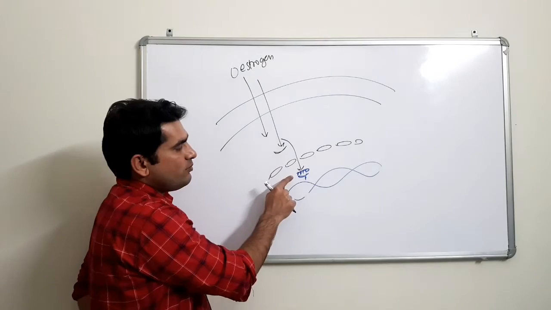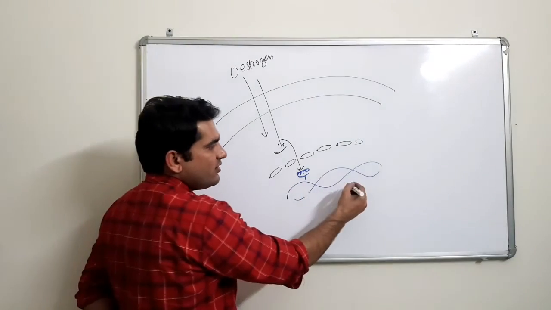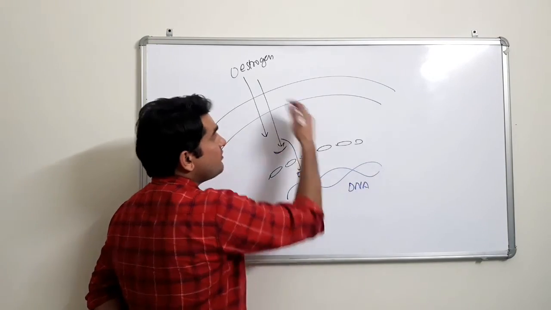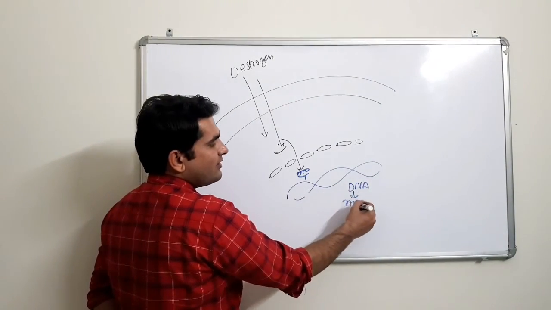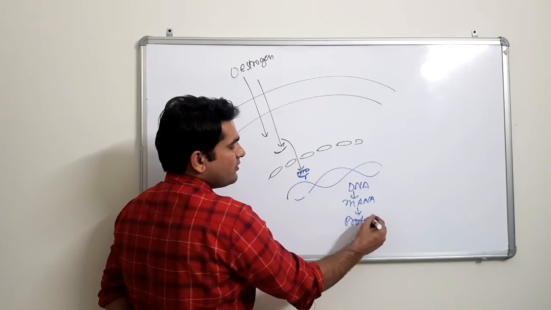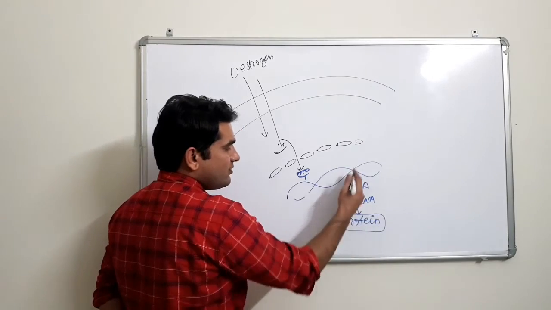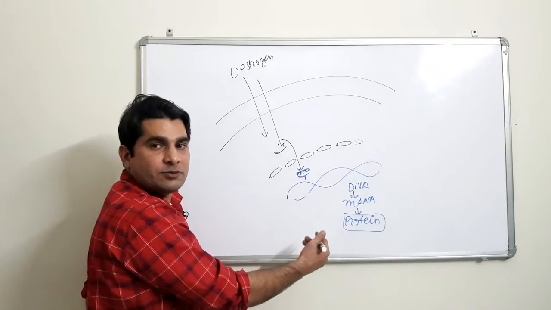So we used to remember that these act as transcription factor, and when this DNA is transcribed after the binding of hormone, what would be formed? RNA. And when this RNA is translated, what would be formed? Protein. So this same thing is known as central dogma or gene expression.